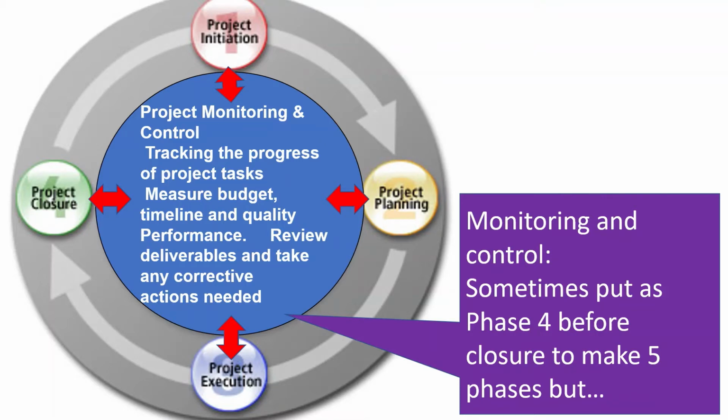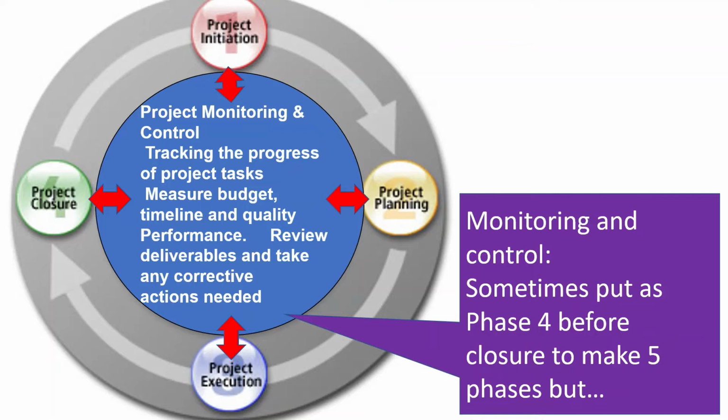But here, we want to say that monitoring and control, or monitoring and evaluation, should be an ongoing exercise. As you initiate the project, there is feedback, monitoring and evaluation. But like I said, in some models, monitoring and evaluation becomes a separate phase put at phase 4 after project execution, coming before the project closure.